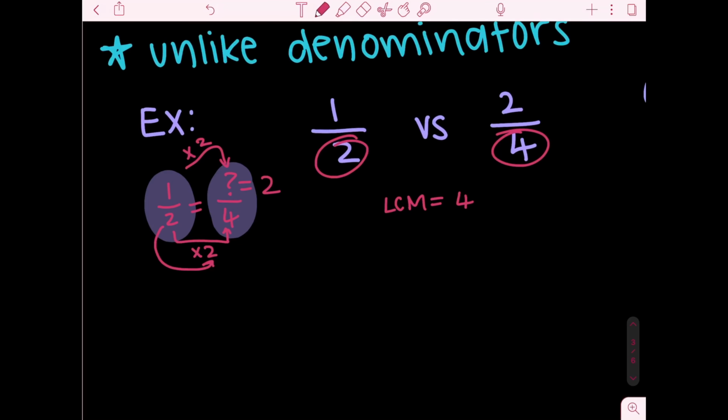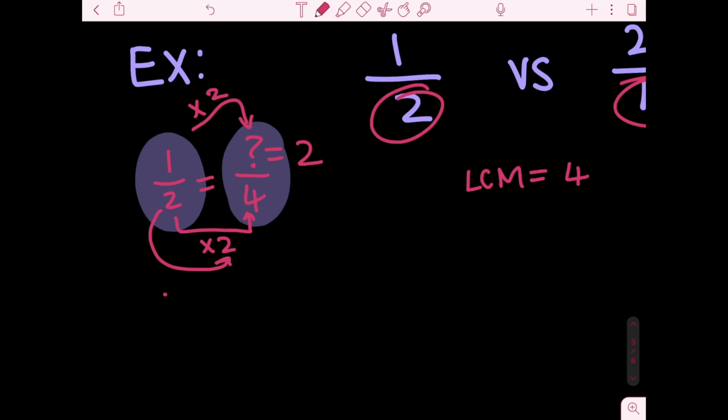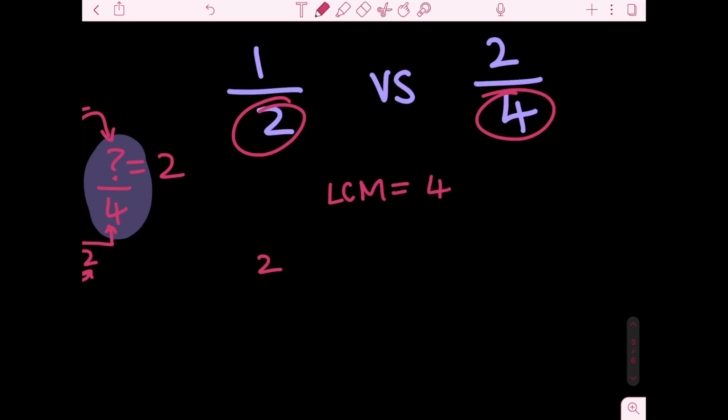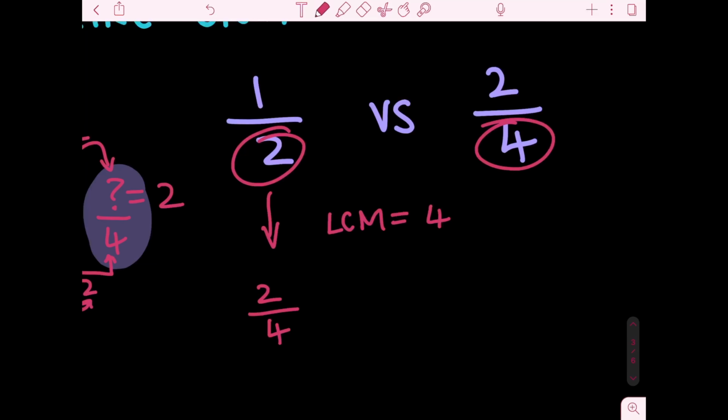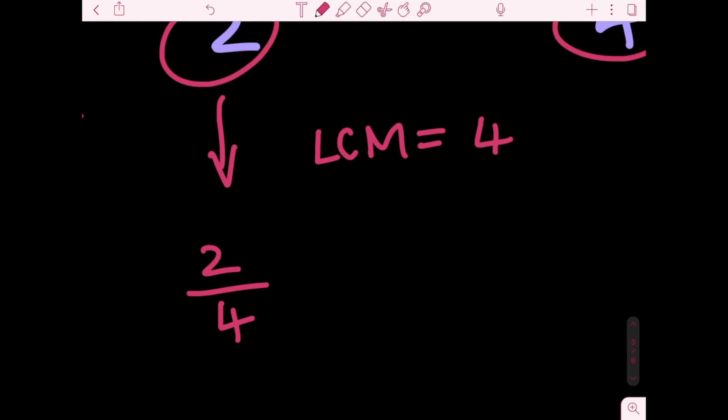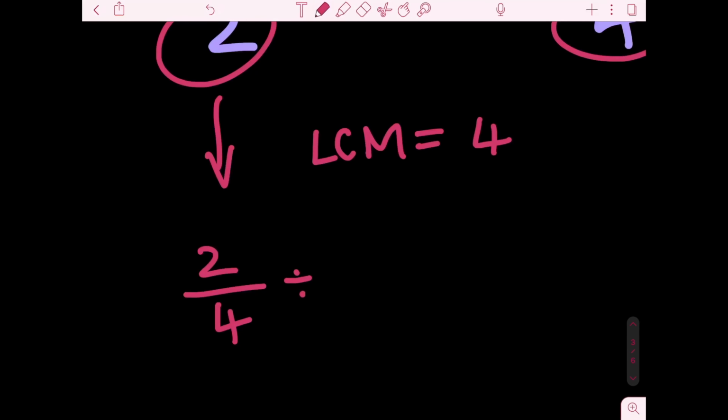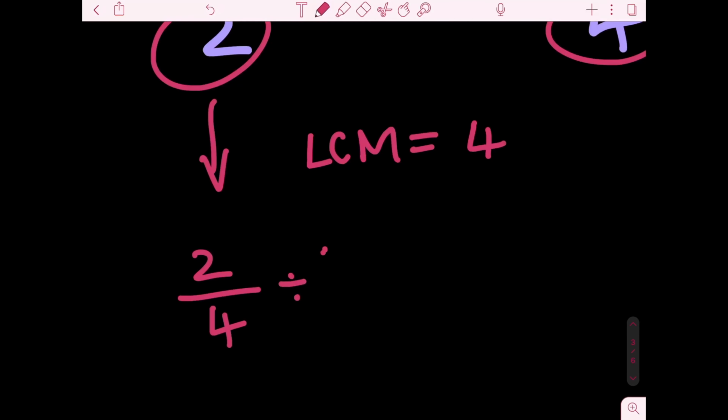So our final fraction would be 2 divided by 4. So we have 2 divided by 4 as our new fraction that is just converted. It is still equivalent to 1/2, because if we simplify this, if we divide by 2 over 2, we still get 1/2.